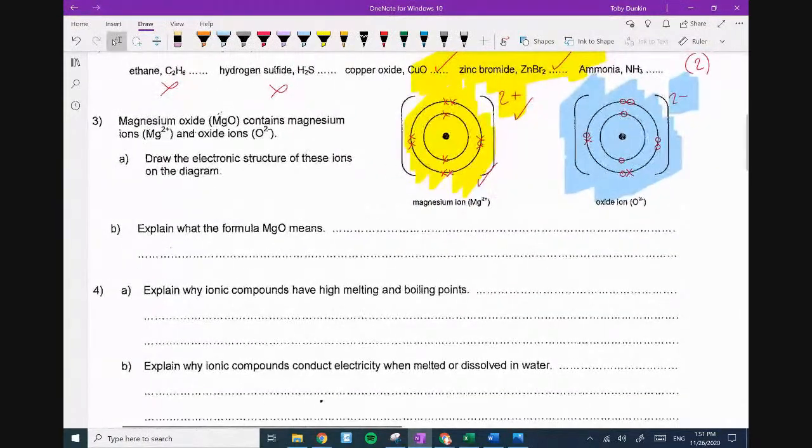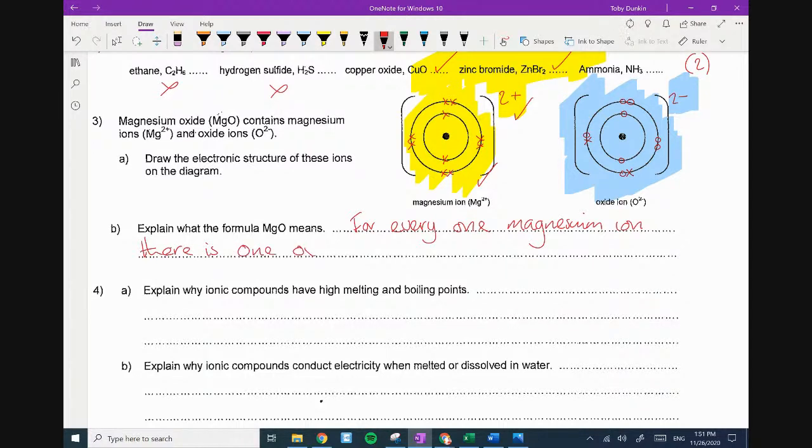Right, explain what the formula of MgO means. For every 1 Mg2 plus, for every 1 magnesium ion, there is 1 oxide ion.